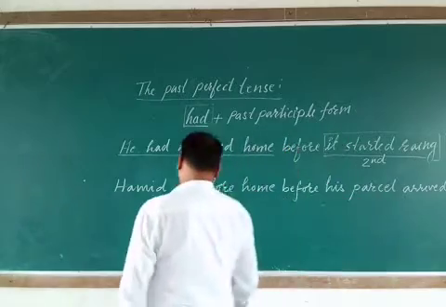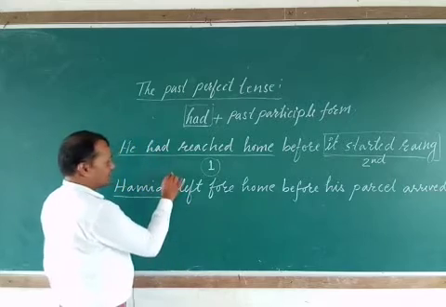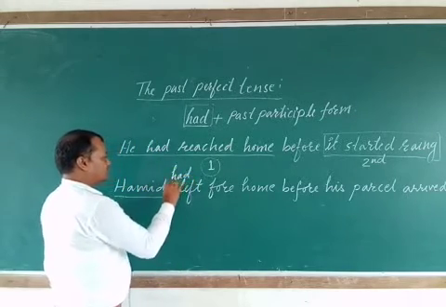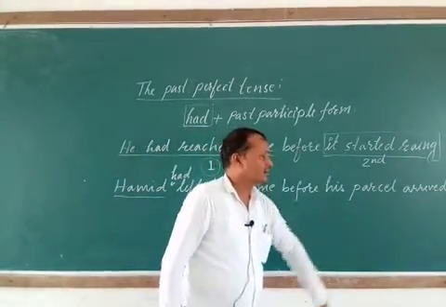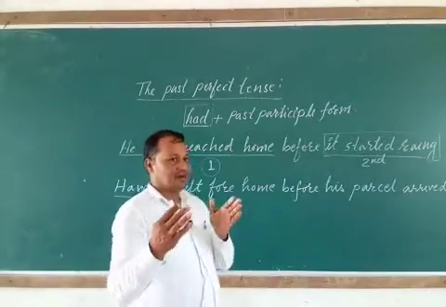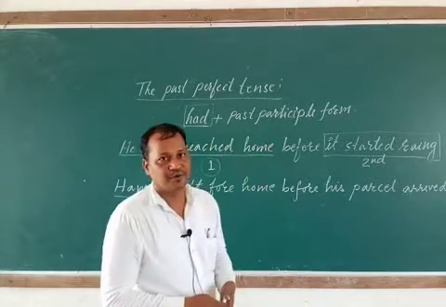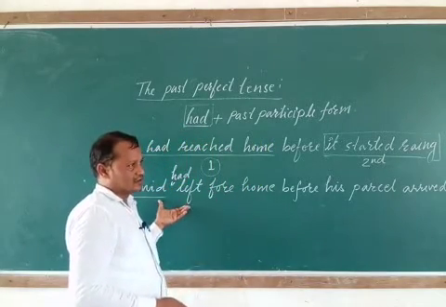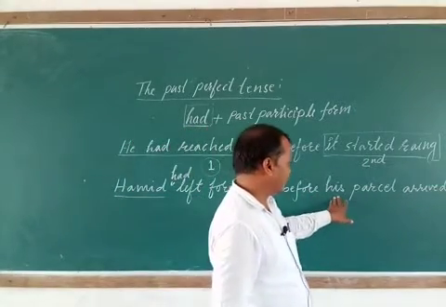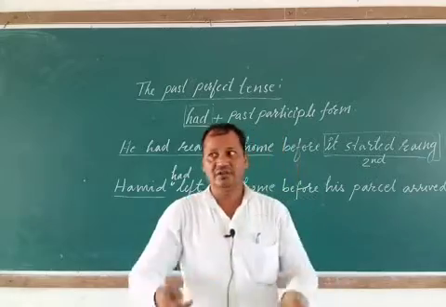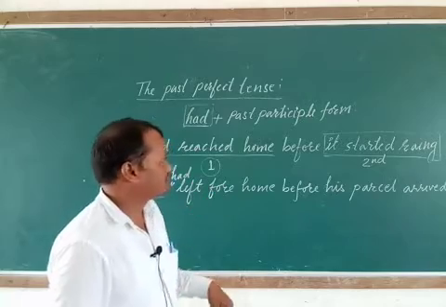So when had Hamid left home? Hamid had left home before his parcel arrived. Means the parcel arrived after Hamid left home. So it is the first action. It is the work that had happened earlier, and the other action had happened after the first action. So we used past perfect tense here in this sentence.